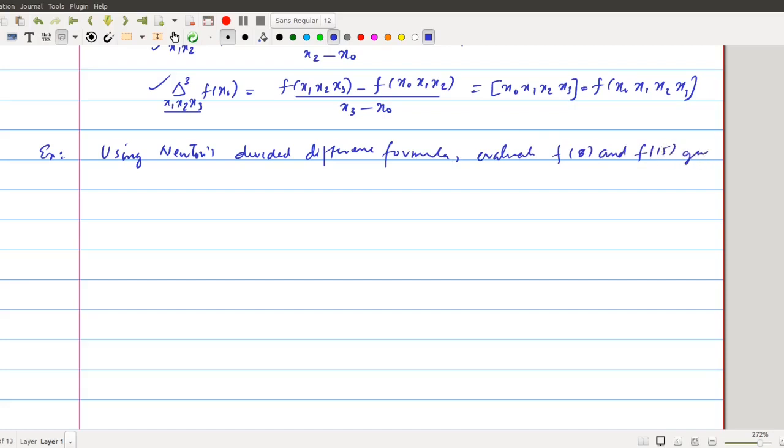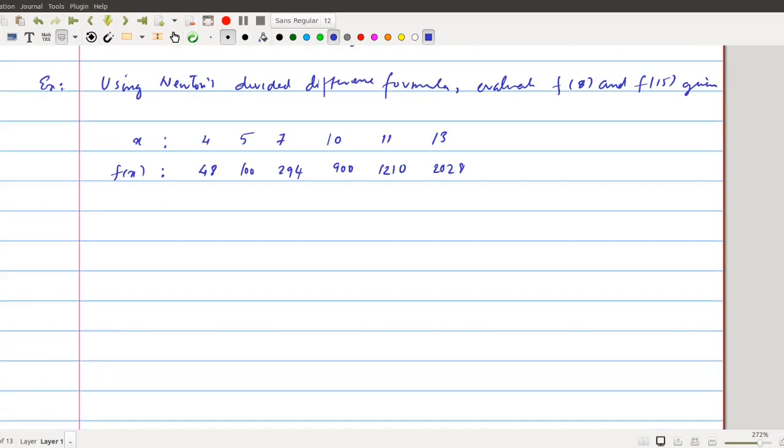Given that we have x values here, x equal to 4, 5, 7, 10, 11, 13. These values need not be in equal intervals. This is our f of x. The values 48, 100, 294, 900, 1210, 2028. So these are the values. So using these values we need to find out the value of f of 8.